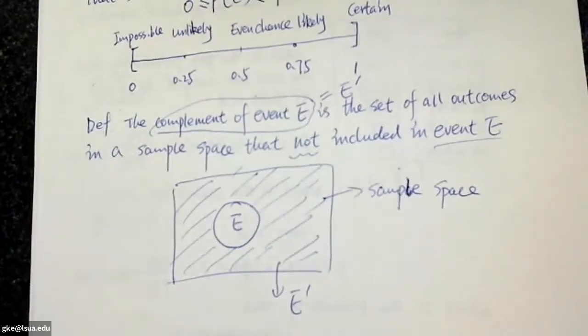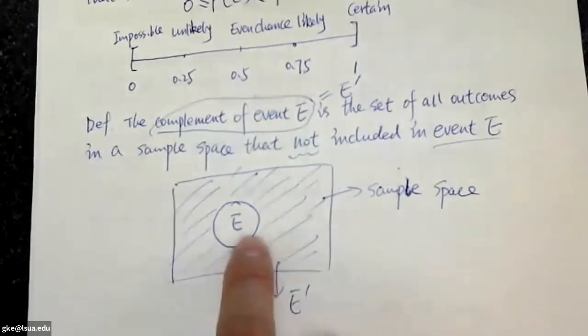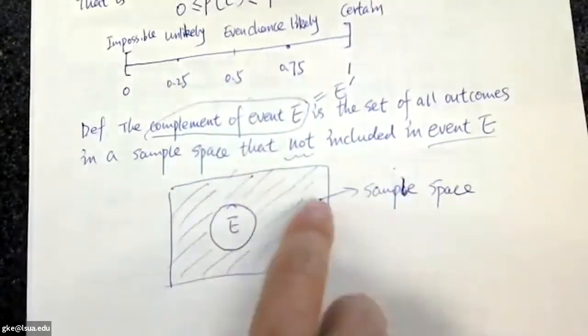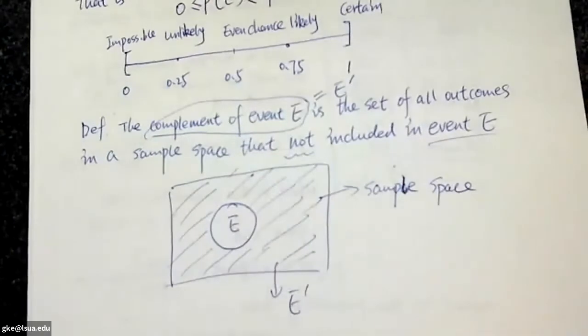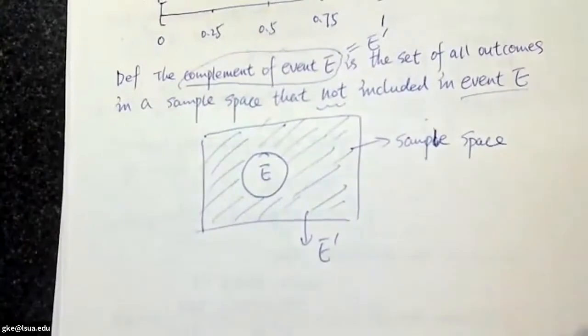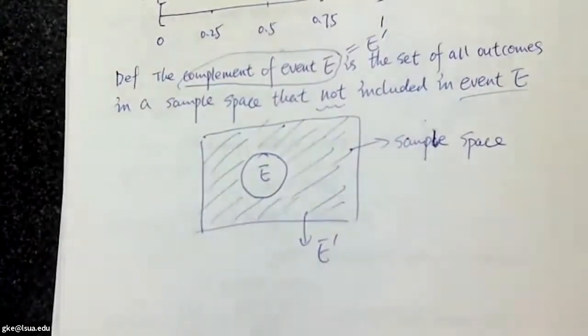You see it? Okay. We are not included in event E, so the left place is going to be E prime by definition. Now I have the following properties for E prime.